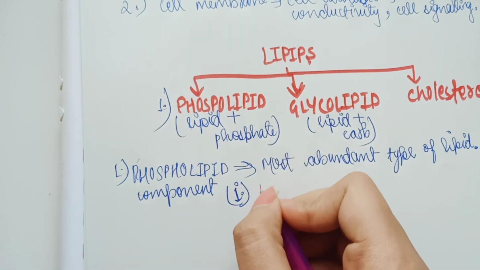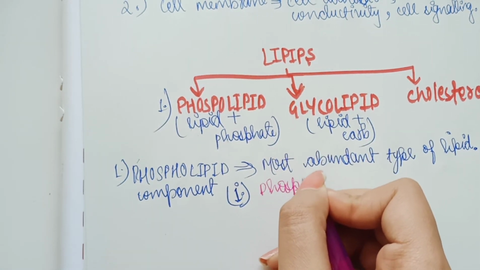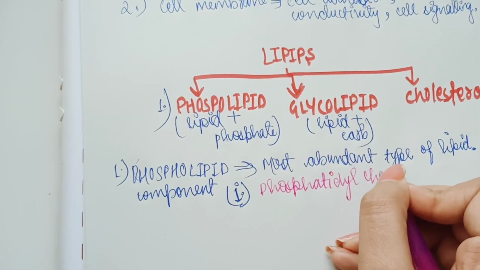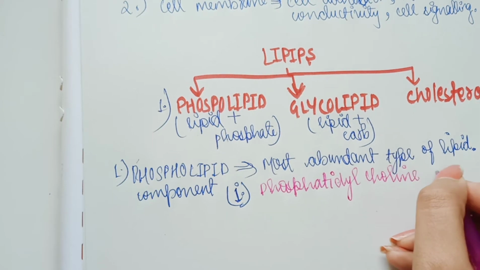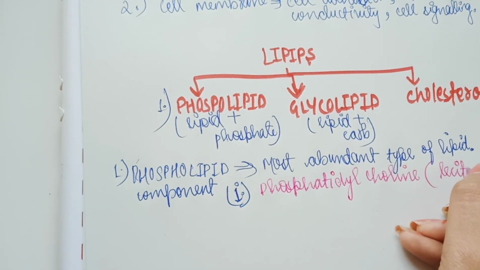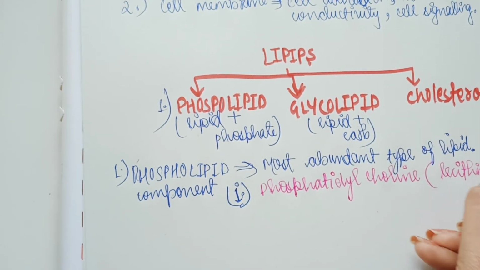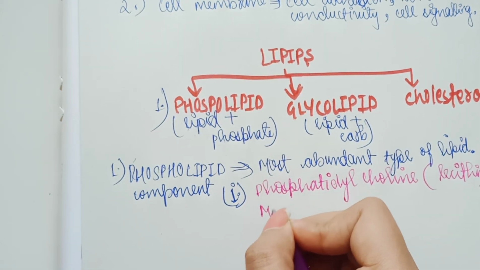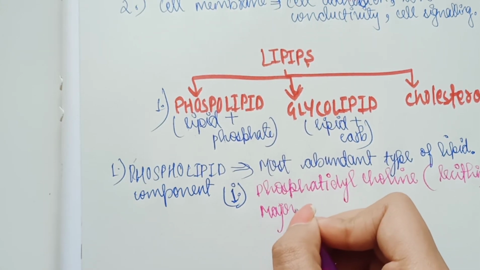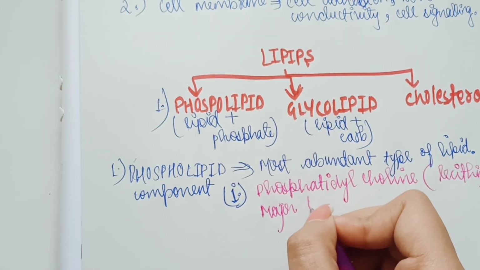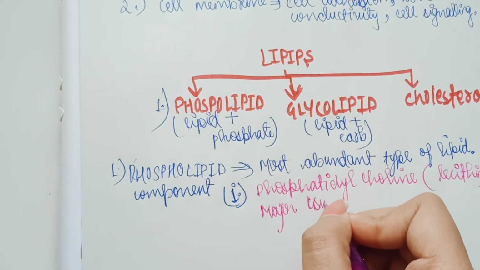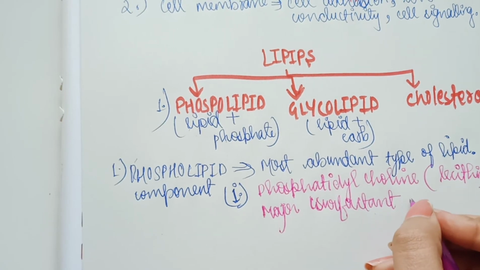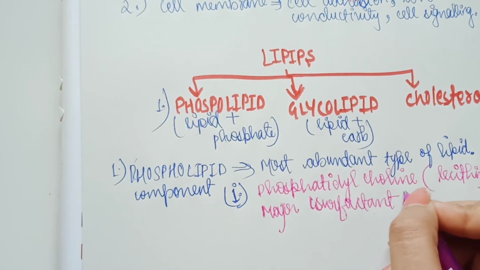We have phosphatidylcholine. What is phosphatidylcholine? It is basically lecithin. It is a very important component present in the lung alveoli. It acts as the major surfactant in lung alveoli, lecithin, that is phosphatidylcholine in lungs.